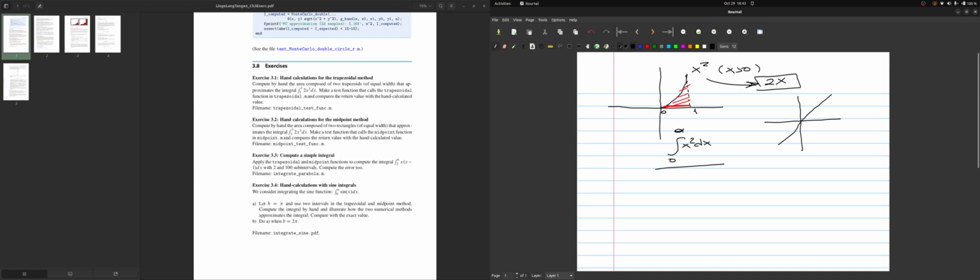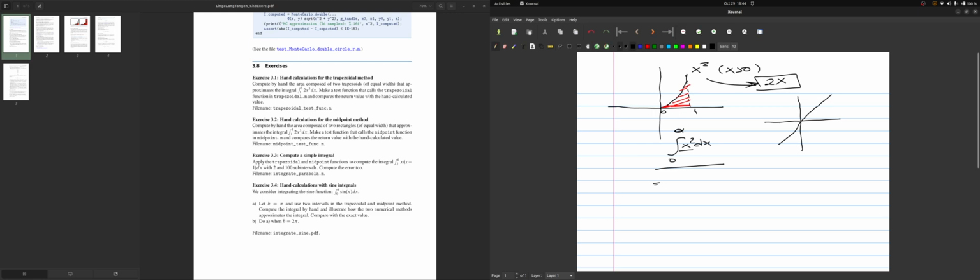In mathematics, this is the integral of x squared dx, which means there is a function that when differentiated gives us this one.